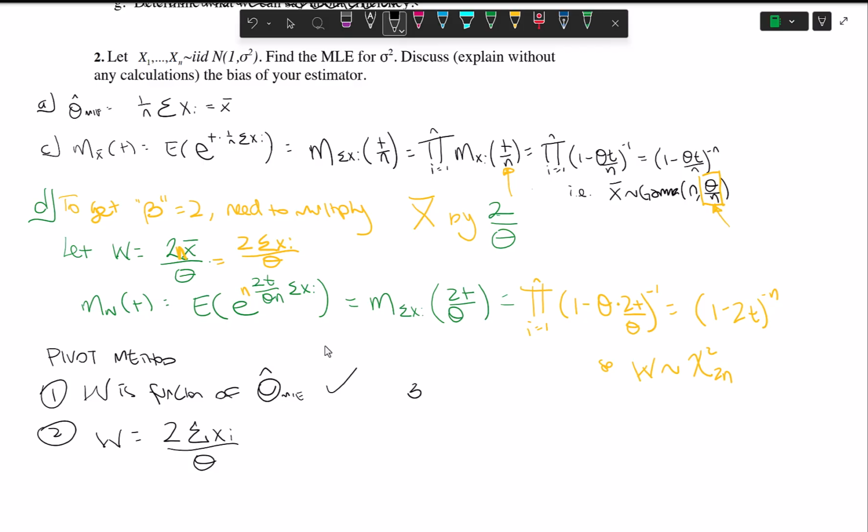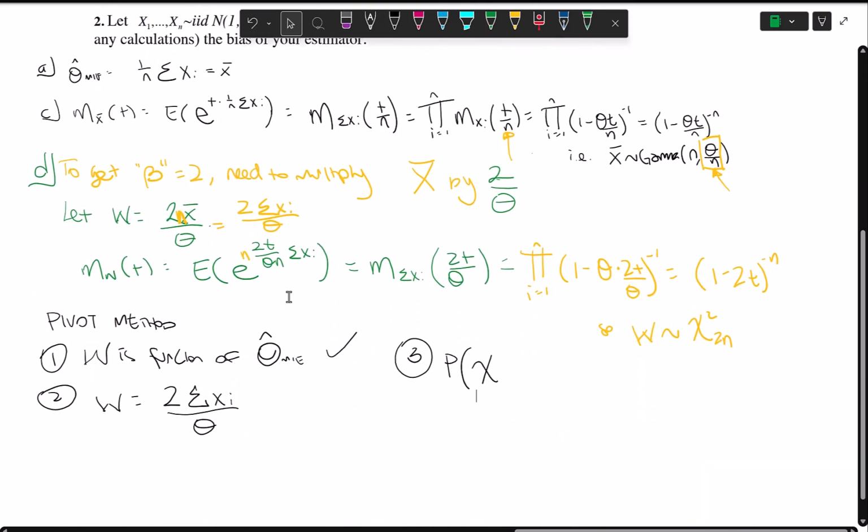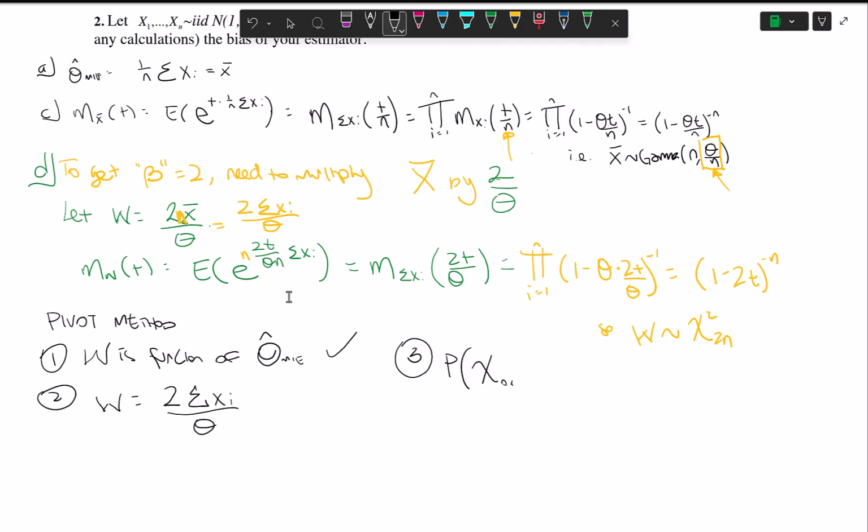Number 3, make a probability statement. Chi-squared, what's the percentage? Okay, 95%. Chi-squared 0.025 is less than W, less than chi-squared 0.975.